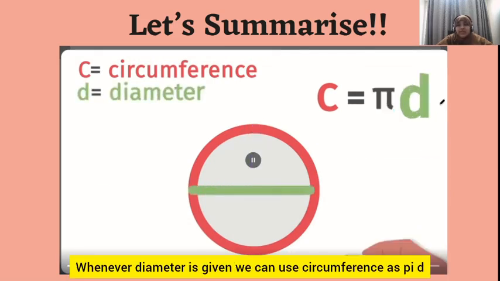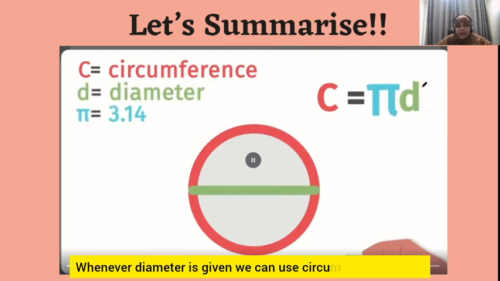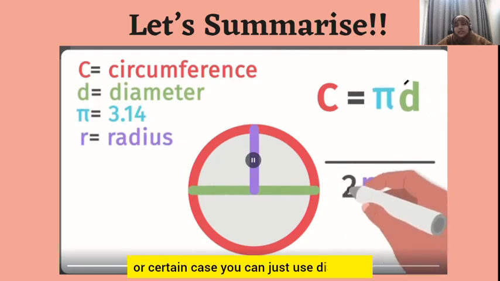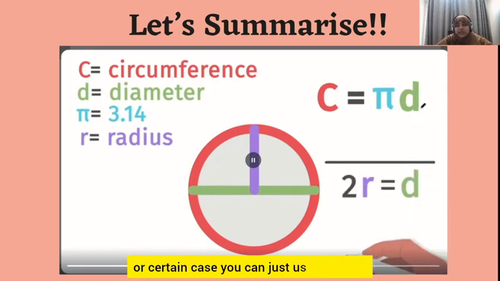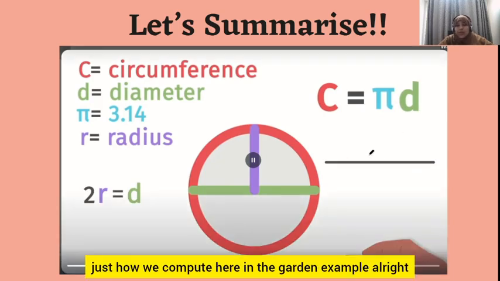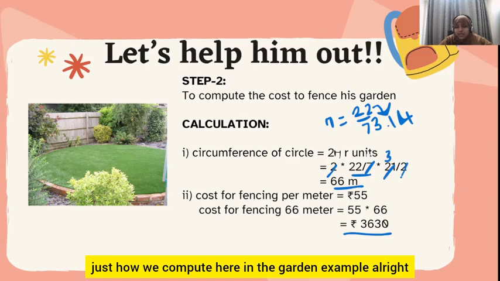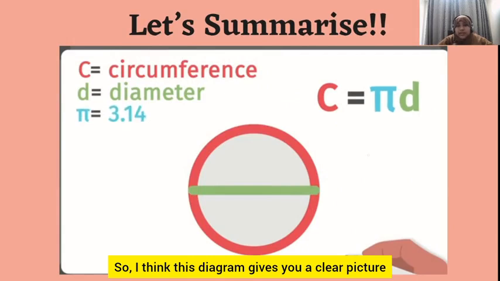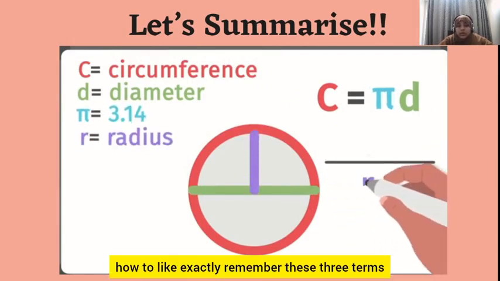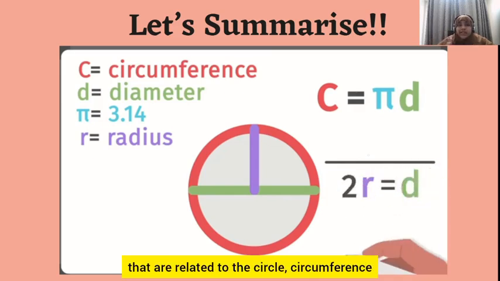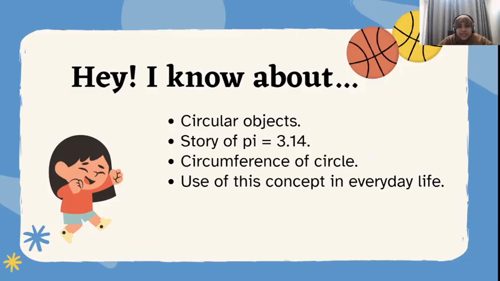Whenever the diameter is given, we can use circumference as pi d, and when the radius is given, you can use 2 pi r, or in certain cases you can just use the diameter value by 2 as well, just how we computed in the garden example. I think this diagram gives you a clear picture of how to remember these three terms related to the circle: circumference, diameter, and radius.